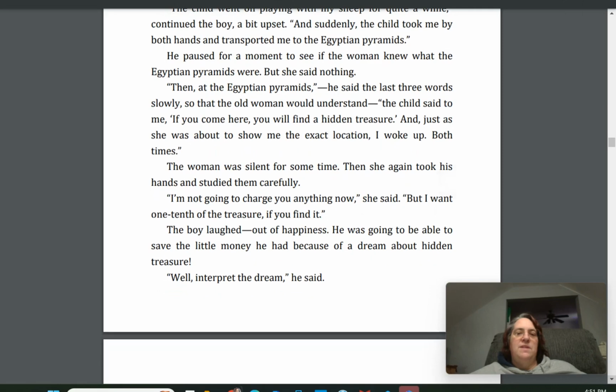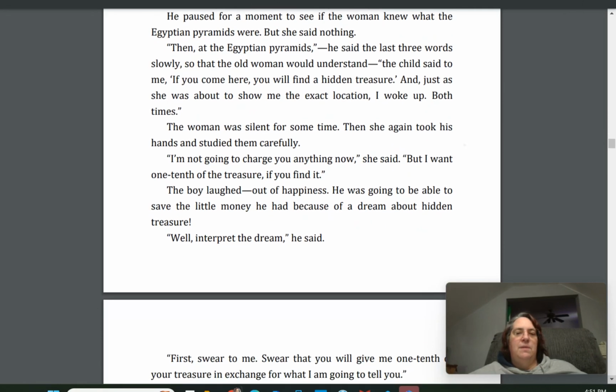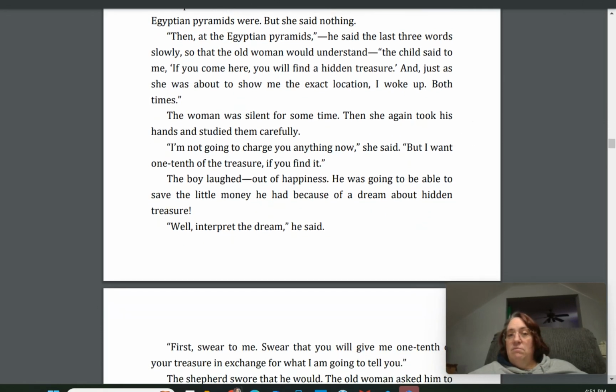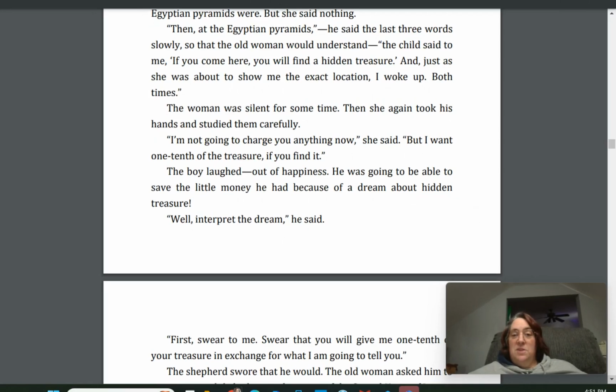He paused for a moment to see if the woman knew what the Egyptian pyramids were, but she said nothing. "Then, at the Egyptian pyramids," he said the last three words slowly, so that the woman would understand, "the child said to me, if you come here, you will find a hidden treasure. And just as she was about to show me the exact location, I woke up, both times."